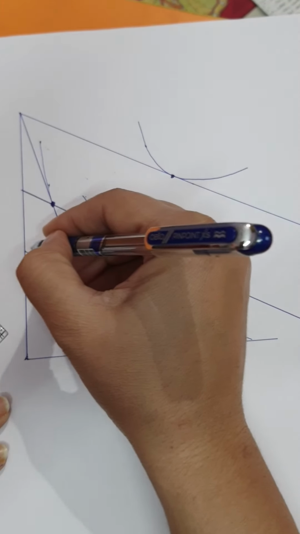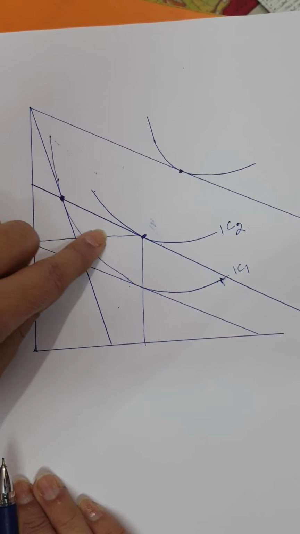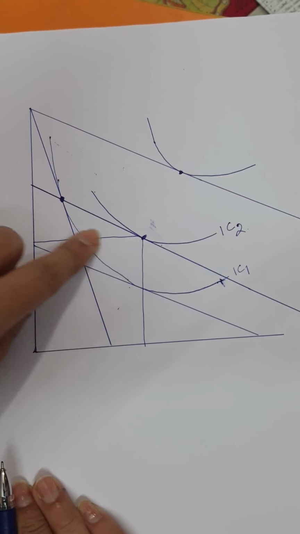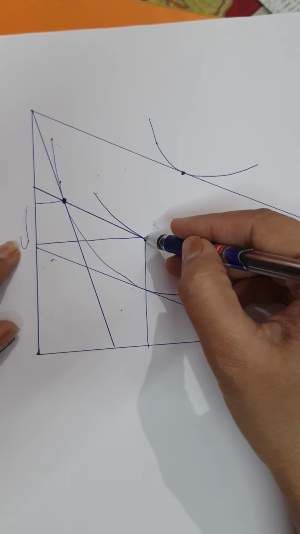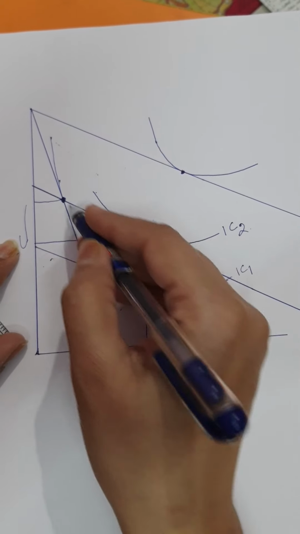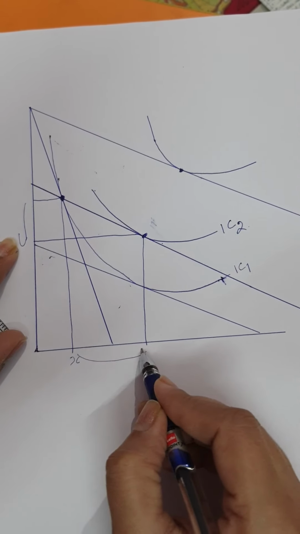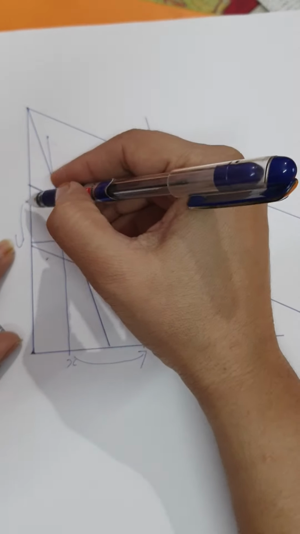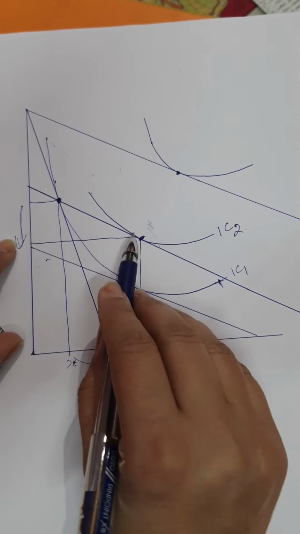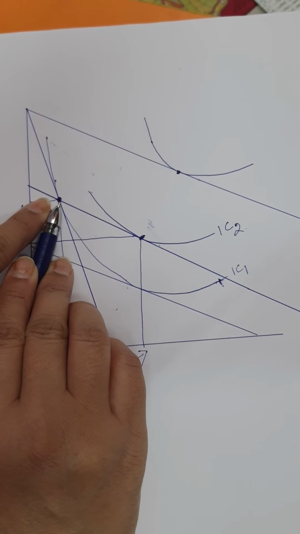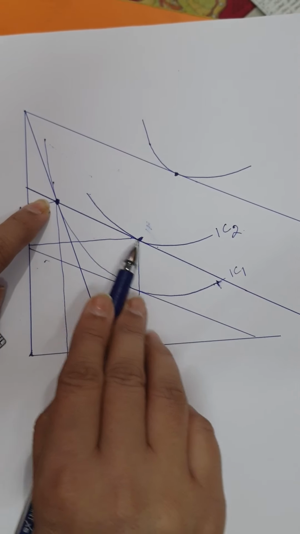So you can see that the previous point was available to the consumer and still he has moved to this point and he is purchasing less of y and more of x. Earlier he was purchasing this much of x, now he is purchasing this much of x. So he is reducing consumption of y and increasing consumption of x, though the previous point was also available to him, but he has to move to a higher indifference curve.